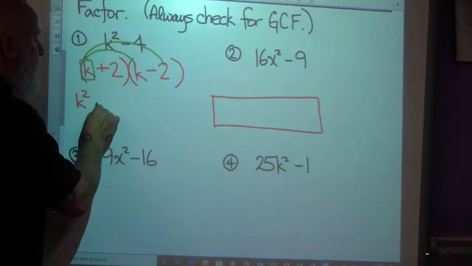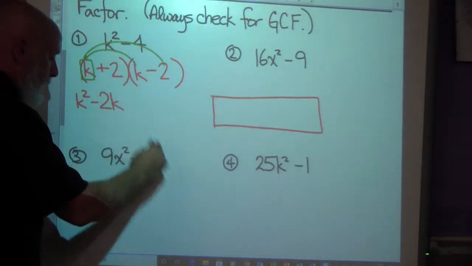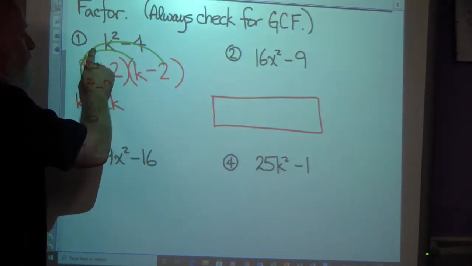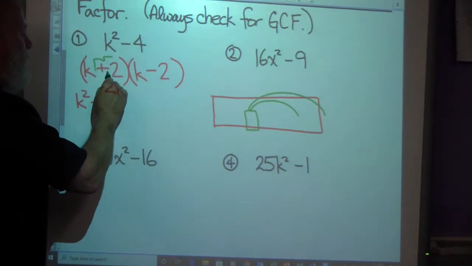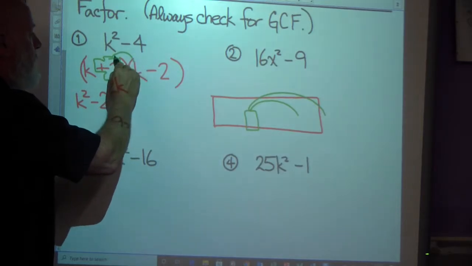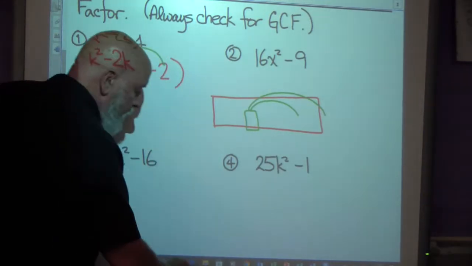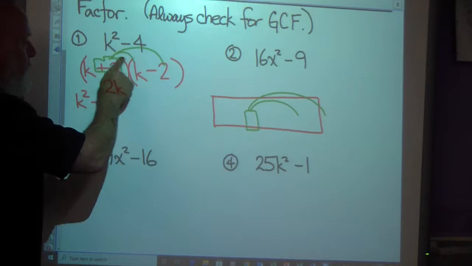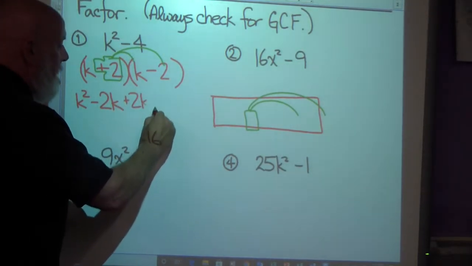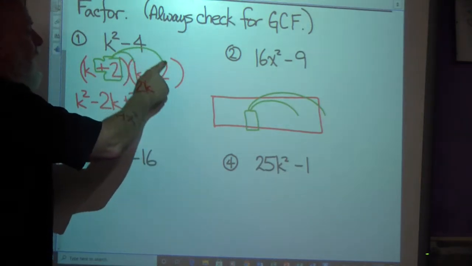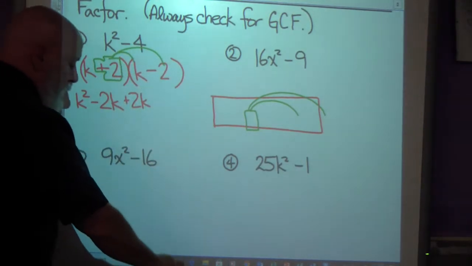K times negative 2 is negative 2k. Then I'm going to take my second term and distribute it. Distributing positive 2. I won't do this every single problem, I just wanted to demonstrate. 2 times k is plus 2k. And 2 times negative 2 is negative 4.